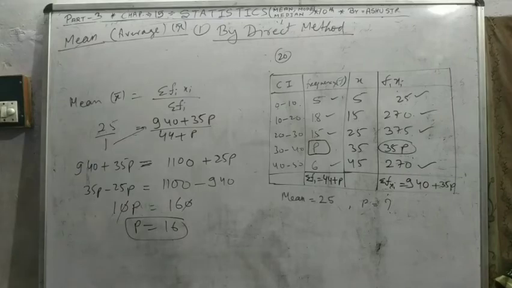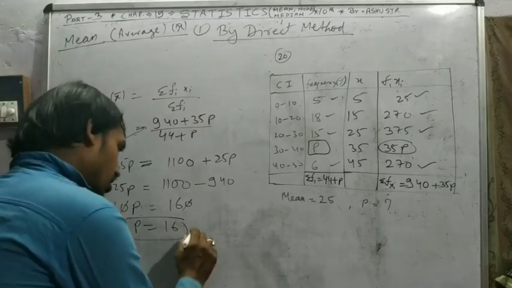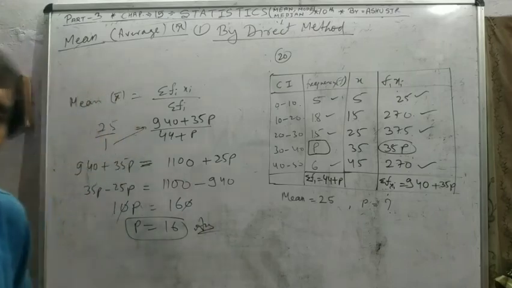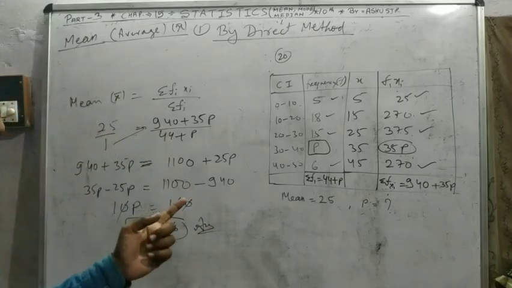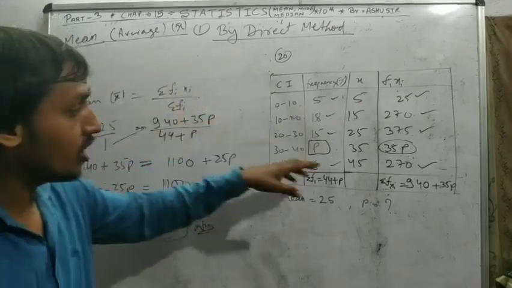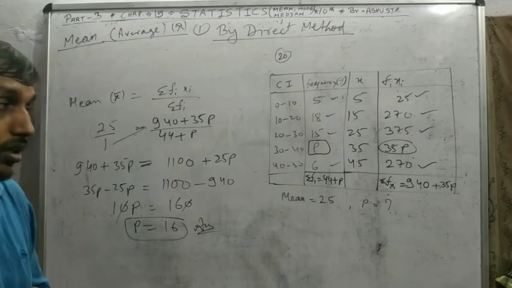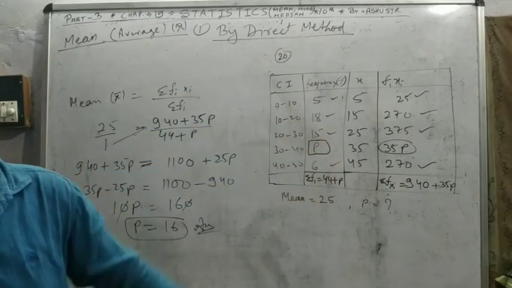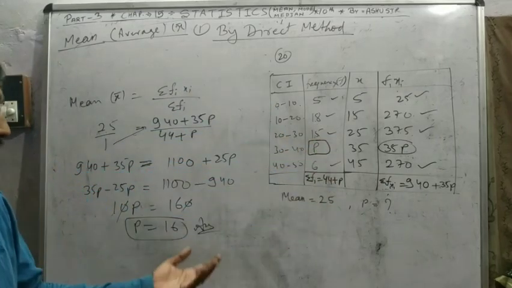Yes, the answer is right. The value of P for this data is 16. I hope you understand. My main motive is to explain the direct method for this question when a variable is missing. This is an easy method to find missing variables. Okay, pause the video and note down.